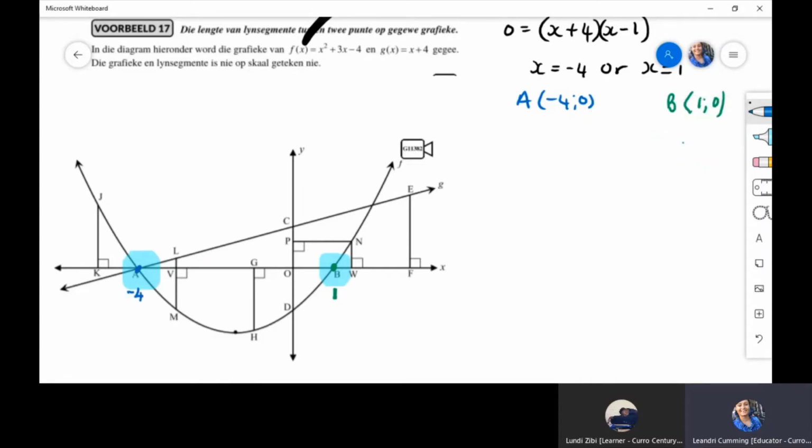So what we see now is that when we are asked the average gradient, we might not be given the coordinate at that point.